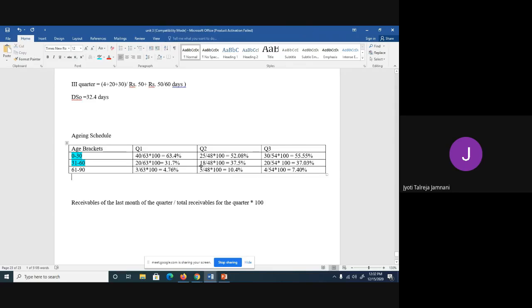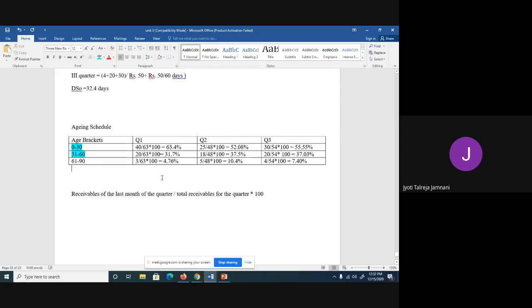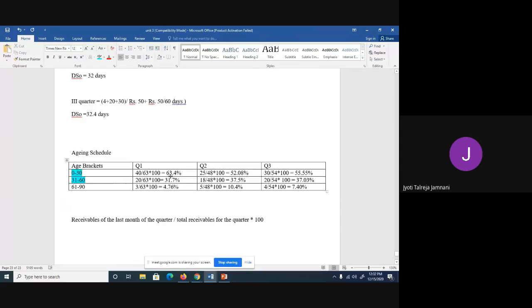So if you see, your collection majority is in 0 to 30 days, which is a good sign. You're collecting the majority of your money in the first 30 days. Then 31 to 60 days is still a major chunk, but 61 to 90 days is very little. So this will tell you in which age bracket you collect the maximum of your receivables. So you'll have to understand the aging schedule theory, and this is how it is calculated.